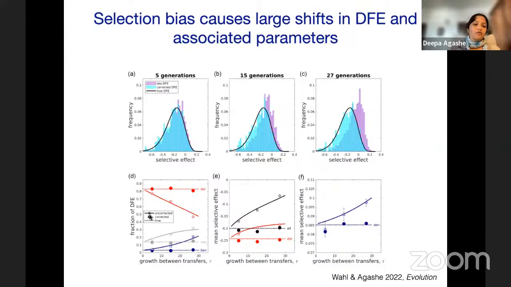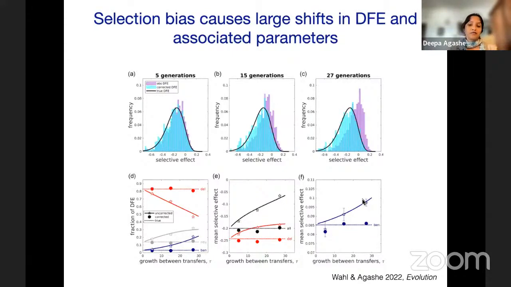But if you now do a correction, which is the circles, you find that the corrected DFE shows that the deleterious fraction, or the beneficial fraction in this case, does not change across different growth parameters, right? Whereas as the growth between transfers increases, as your mutation accumulation proceeds, your average selective effect of mutations goes higher and higher.